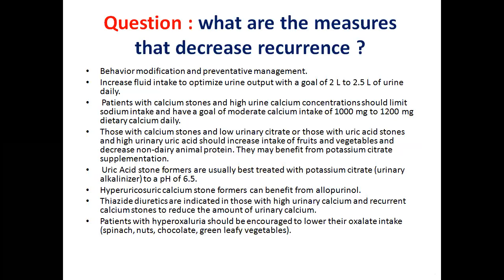Question: what are the measures that decrease recurrence of stones? We have a lot of measures listed in this slide to decrease the stone recurrence rate, like behavioral modification, increased fluid intake, use of medication specific to the stone types, like thiazide diuretics, allopurinol, potassium citrate, and changing the dietary pattern of the patient specific to the stone types.